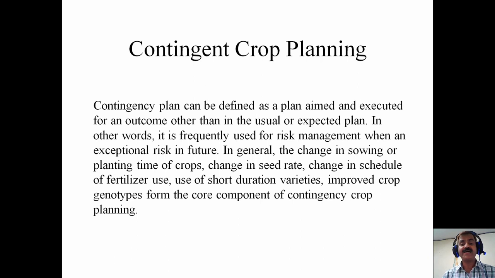And you know that when the age of the seedling is more, there would be less tillering. So in the event of that, to cope with that situation, you will have to plant multiple seedlings in a hill, and then the result would be sufficient tillering in the later stage. So this is what would be the contingent crop planning.